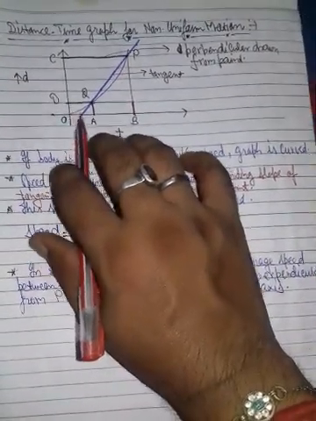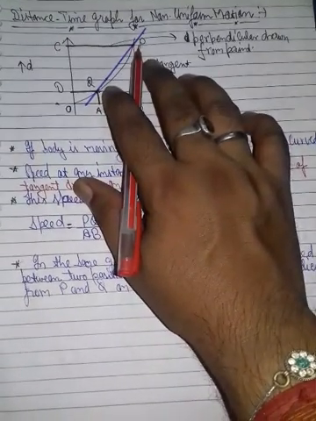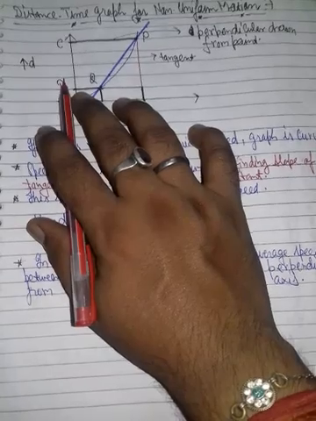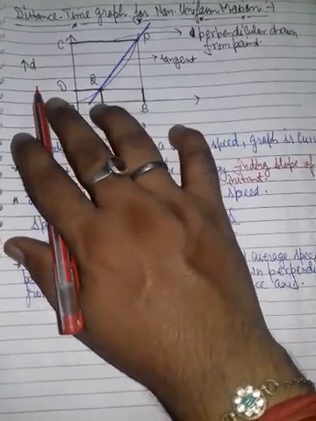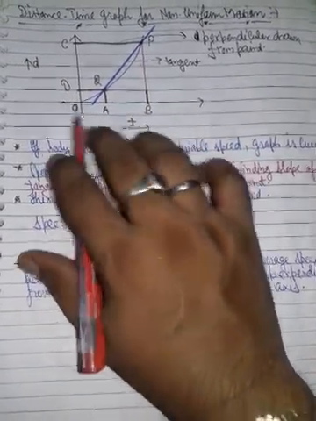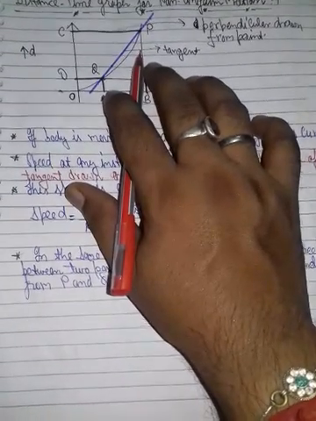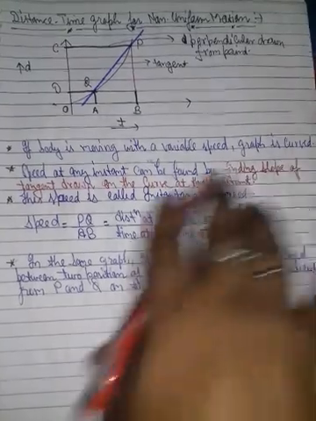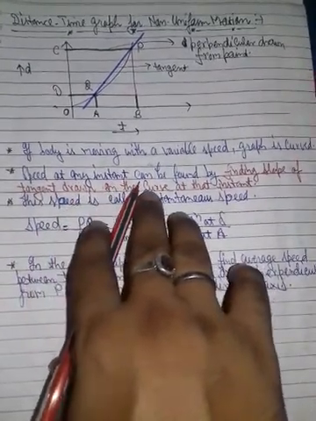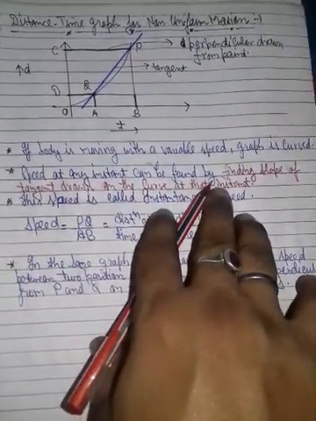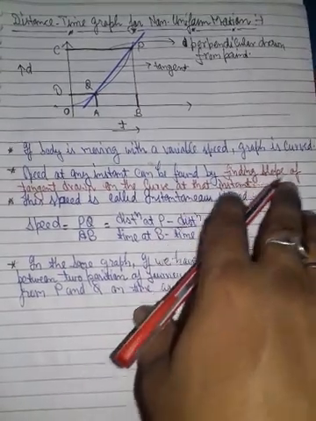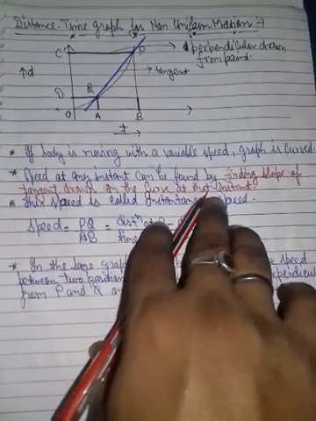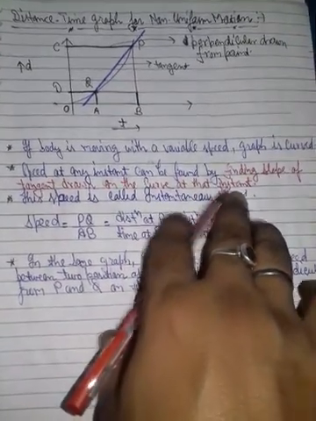You have to see the portion O to P, when the body is performing non-uniform motion. The graph between distance and time is a curve. If the body is moving with variable speed, the graph is a curve, and the speed at any instant can be found by finding the slope of the tangent drawn on the curve at that instant.